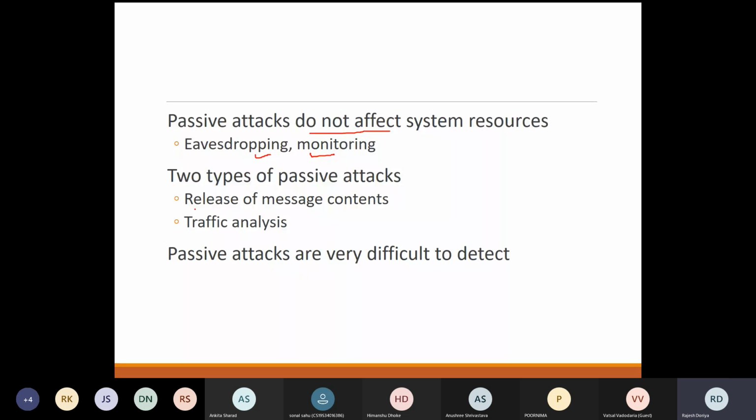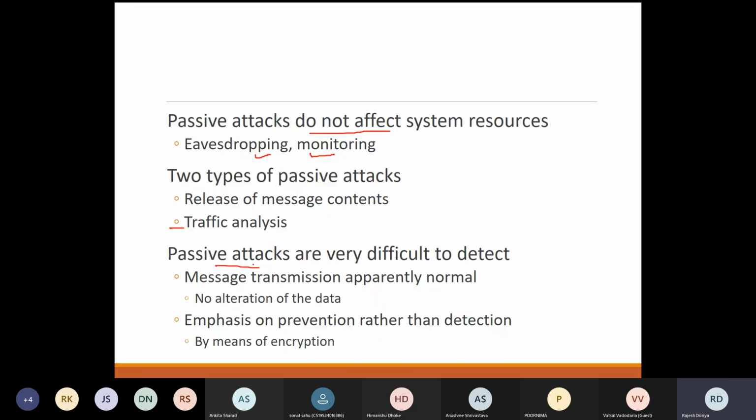The first one is release of message content, and the second one is traffic analysis. As I said, these attacks are very difficult to detect because they do not really cause any harm to the system which can be observed. They just read the message and try to analyze the patterns.